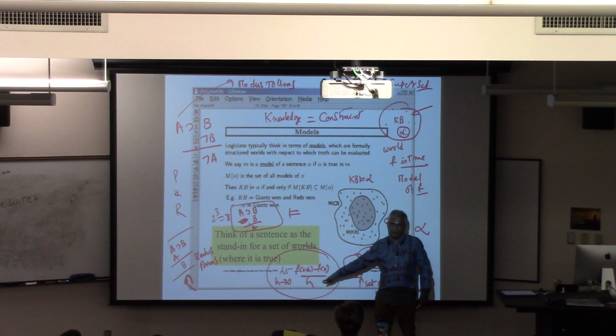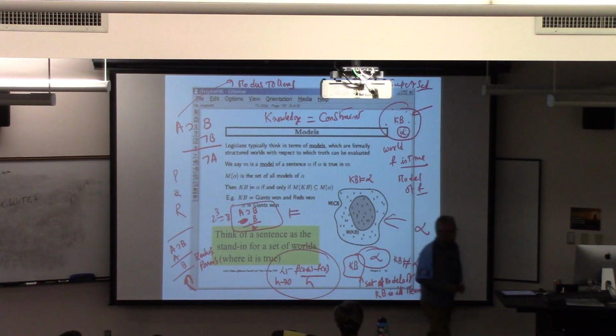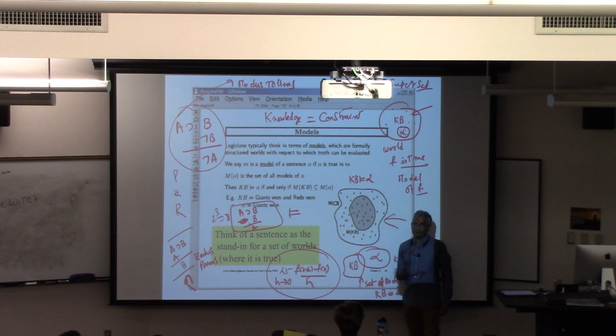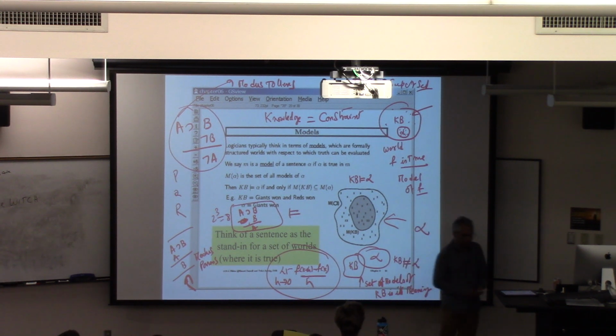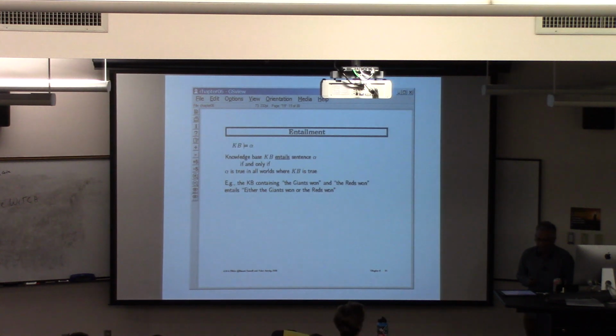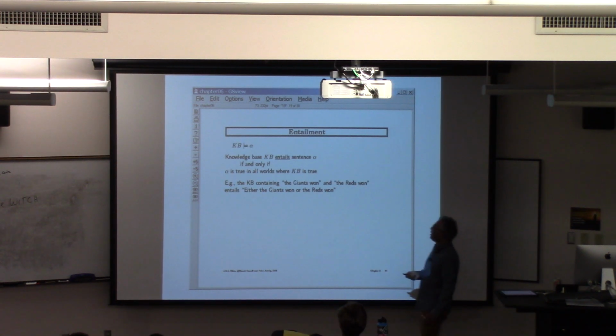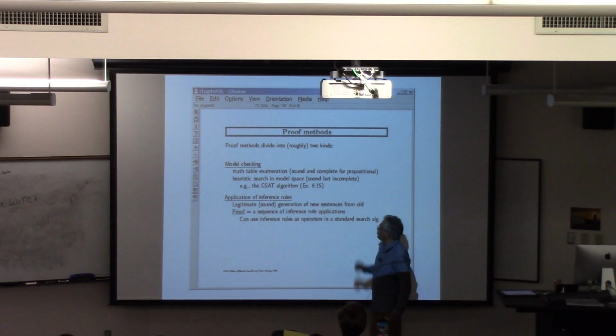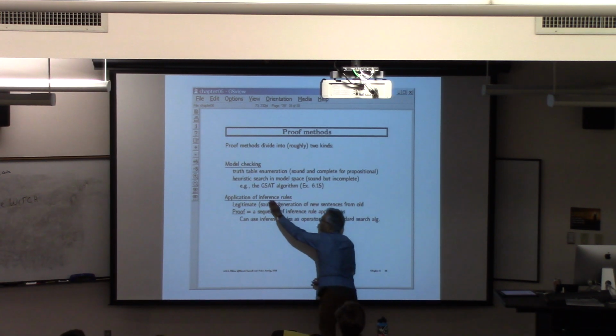You use this definition. How do you prove any of these rules to be correct? You use this definition. This is the main truth in logic, the main semantics of logic. Okay? Good. Questions? Okay.